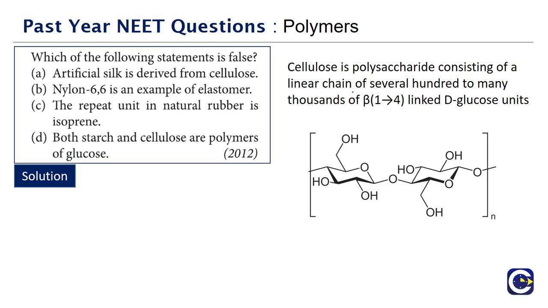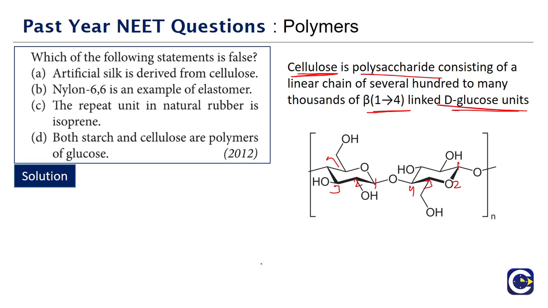Same is the case with cellulose. Cellulose is the plant polymer. It's a polysaccharide consisting of several hundreds of D-glucose units. So you can see 1, 2, 3, 4. So 1,4 bonding, right? The first carbon, and you can see here also, it will be 1, 2, 3, 4.